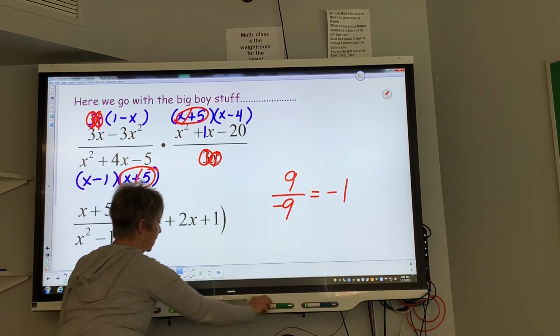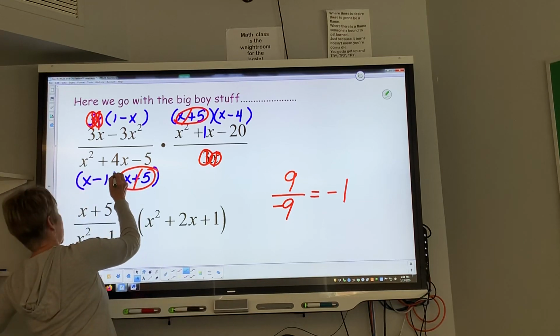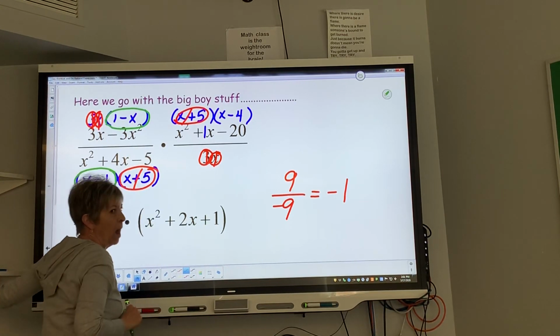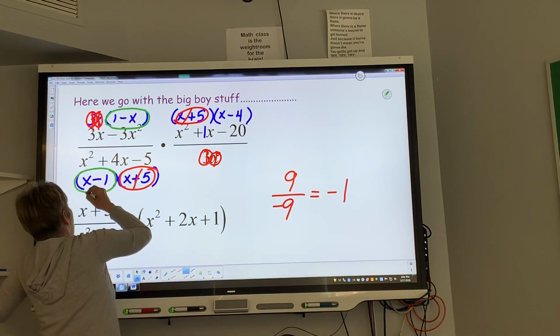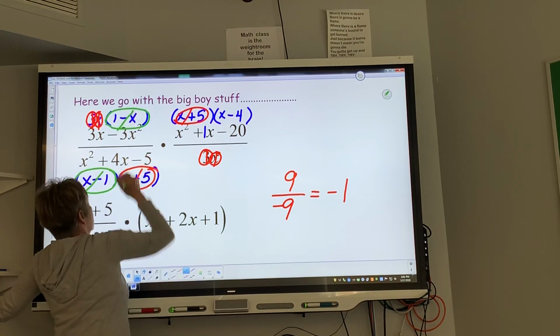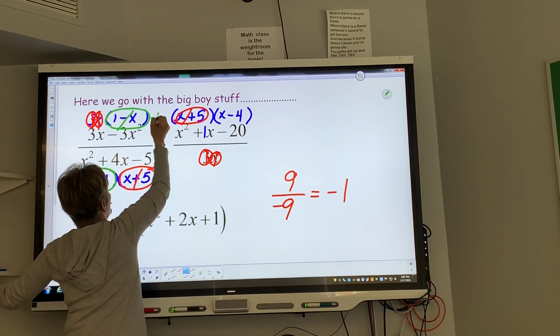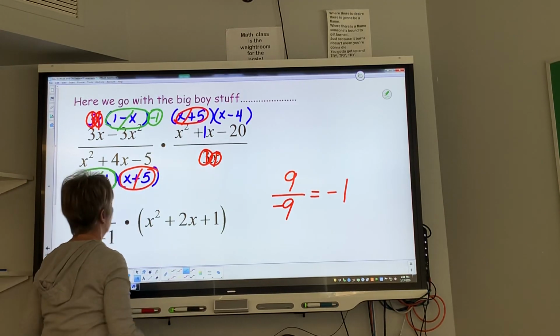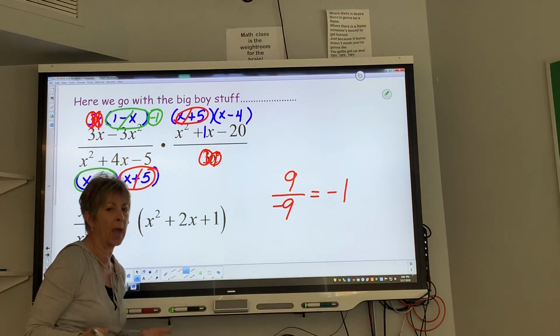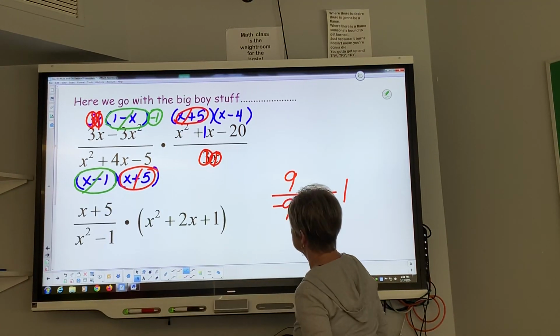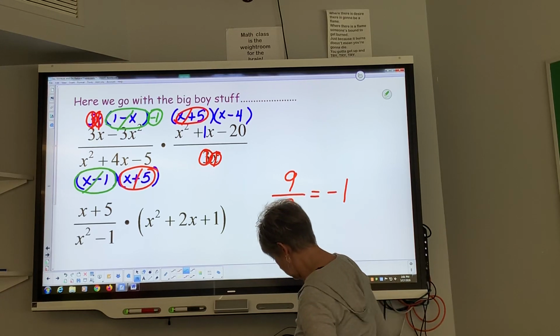Well, I can do the same thing here. X minus 1 and 1 minus x are opposites. So I can't simplify them to 1, but it does simplify to a negative 1 somewhere in the numerator and denominator. I usually put it in the numerator. Okay, so I think that's all I can do.